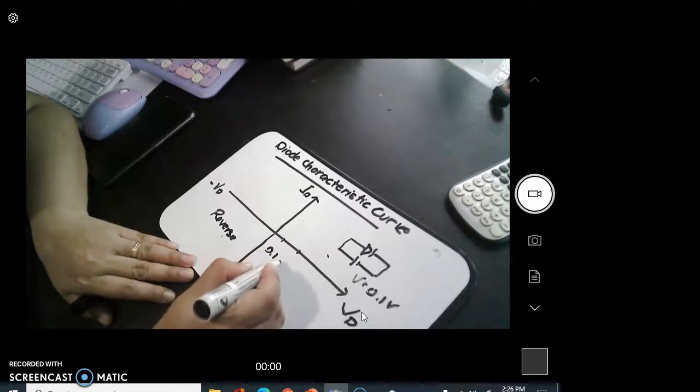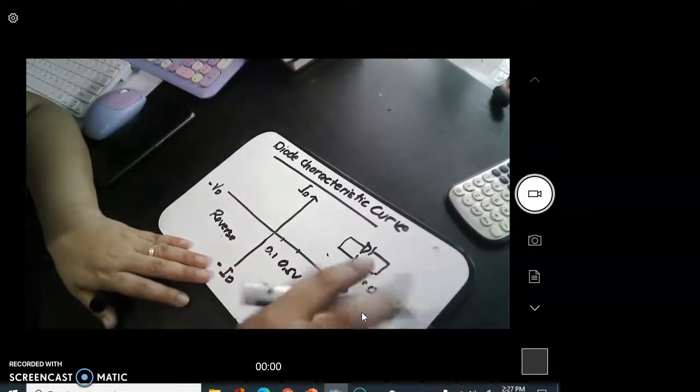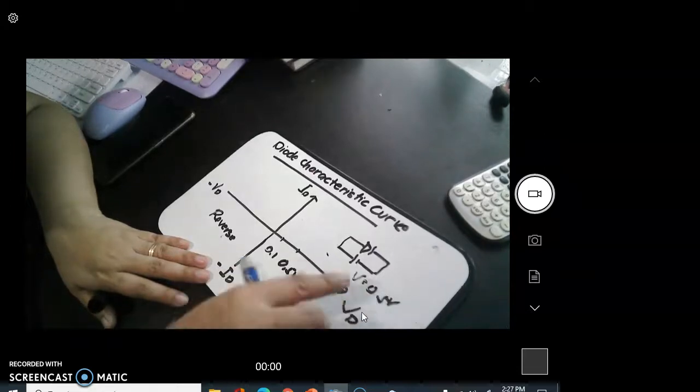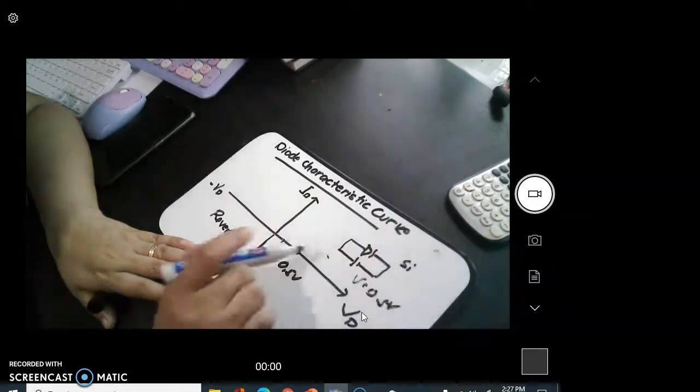Increasing the value, say to 0.5 volts, so the voltage applied across your diode is 0.5 volt, is still not enough if your diode is silicon, because the barrier potential to overcome is 0.7.